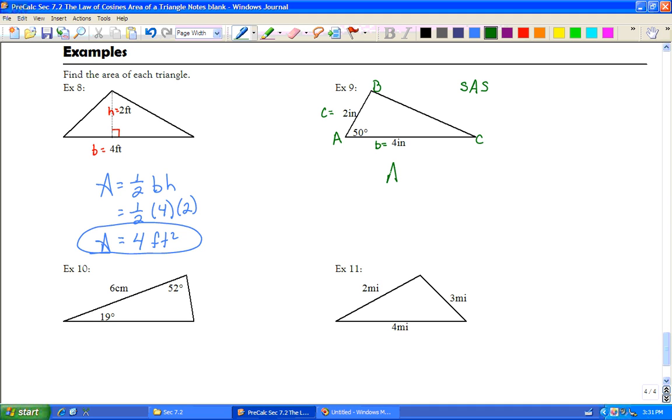We're going to use the area formula of 1/2 B times C times the sine of angle A. And again, we substitute in, and we get our area for this triangle to equal 3.06 inches squared.